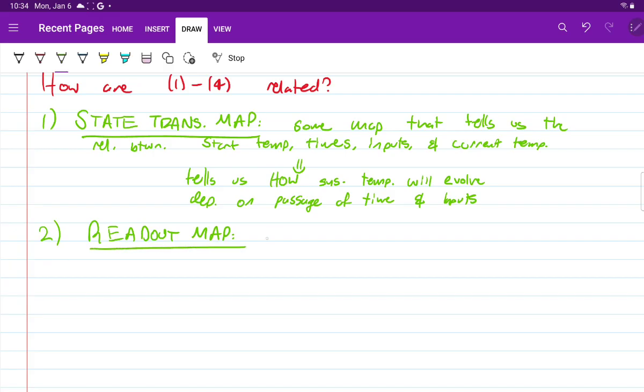What the readout map does is it is a map describing the measurement process.